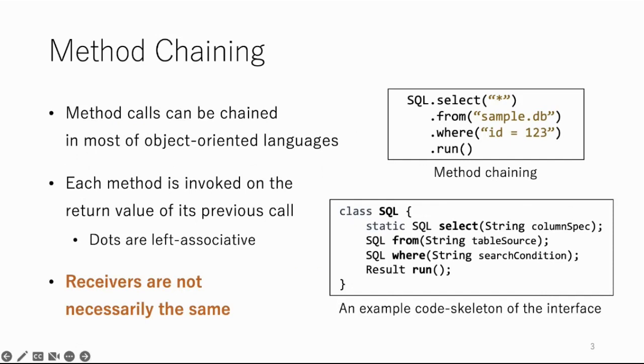So the chain passes type checking, and the resulting type is result. Note that receiver types are not necessarily the same. We can change the receiver types by changing the definition of classes.